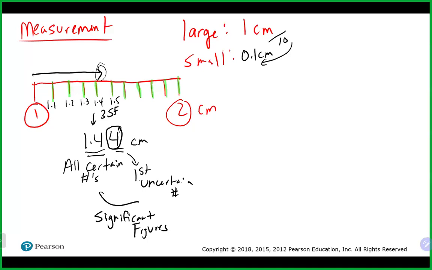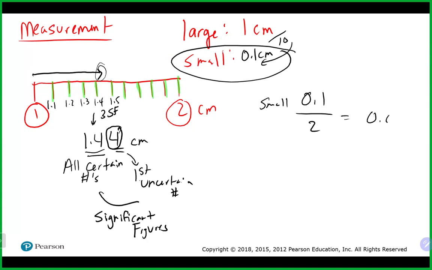We also talked last time that if you're not 100% sure how far you should take the reading, all you simply have to do is take the smallest marking and divide it by 2, and that'll get you something like 0.05 centimeters, basically.